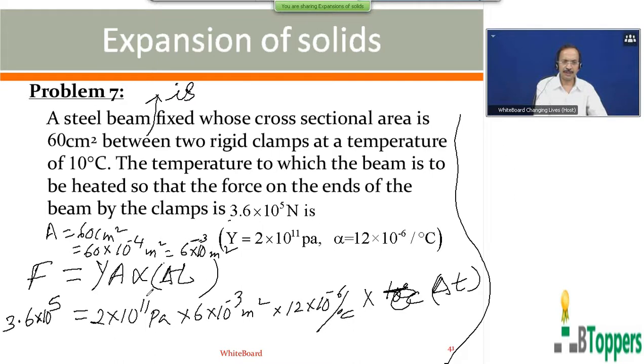So you can observe here 10 power 11 multiplied by 10 power minus 6 will be 10 power 5, which can be cancelled on both the sides. Therefore, delta T, the increase in temperature required, is 3.6 by, 2 into 6, that is 12, into 12 into 10 power minus 3.